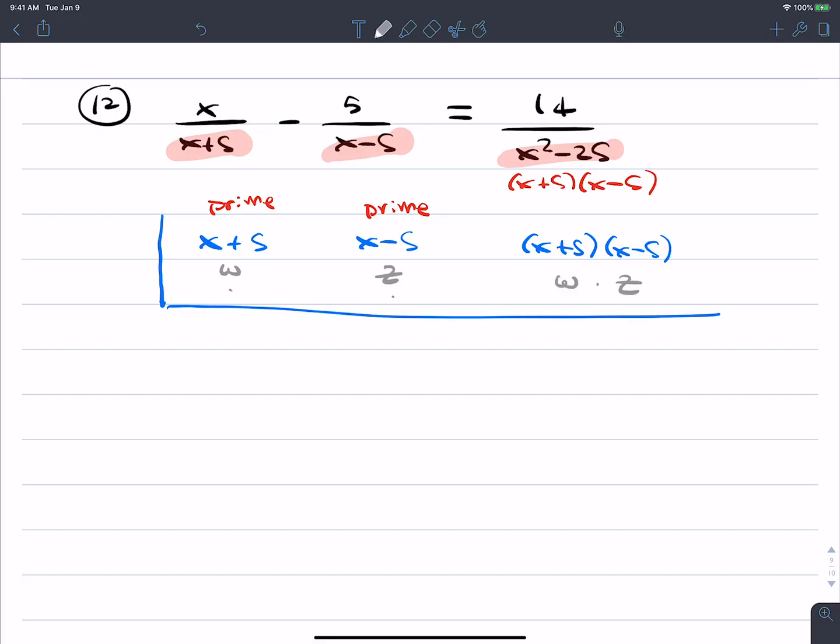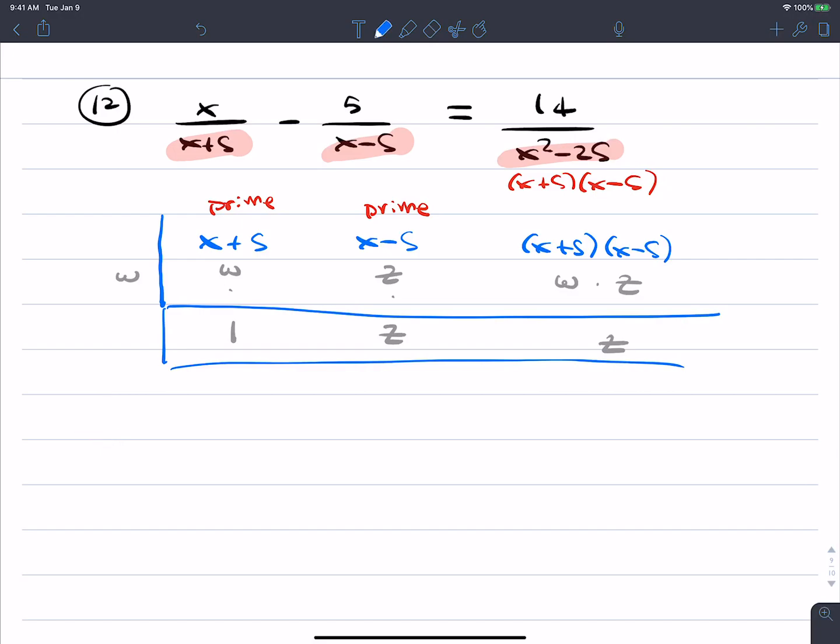We did this one earlier. You're going to try maybe W. W goes into W. What's the quotient? 1. Does W go into Z? No, so bring it down. Does W go into WZ? Remember this? We said WZ divided by W gives you the Z. Good. Repeat your process again, right?